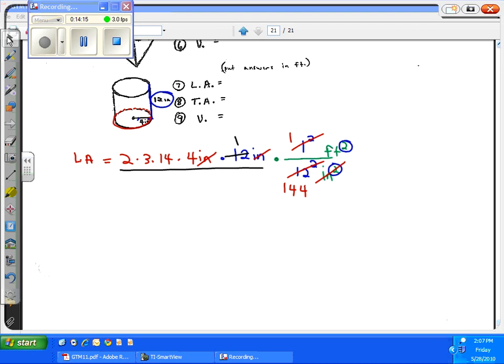12 goes into 12 once. 12 goes into 144, 12. 4 goes into 4 once. 4 goes into 12, 3. So we can cross reduce that much.